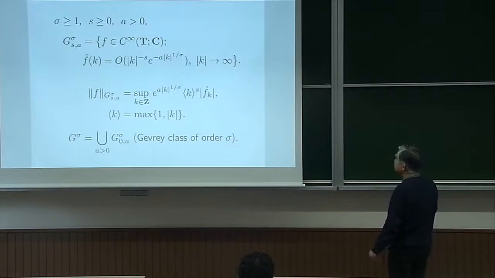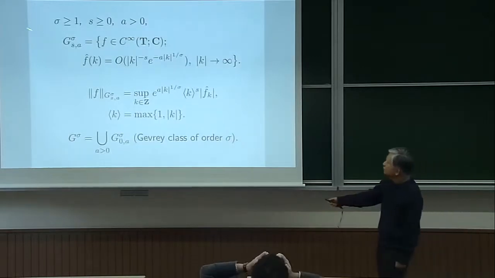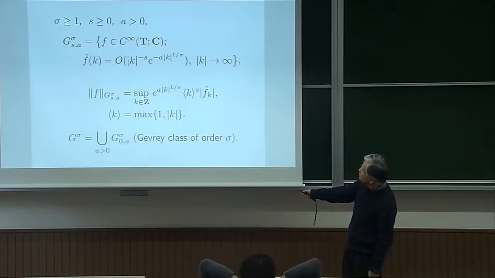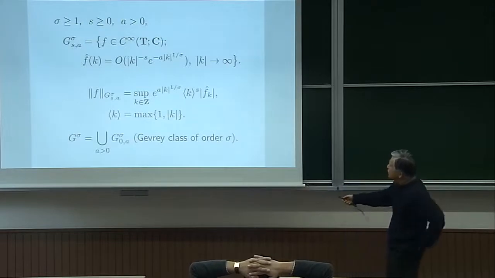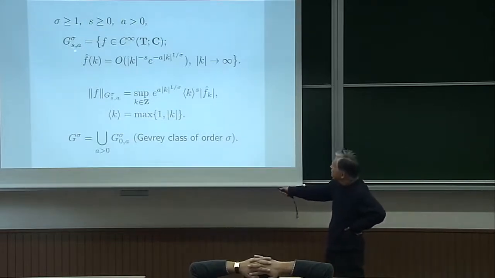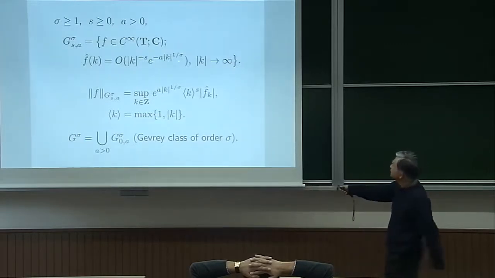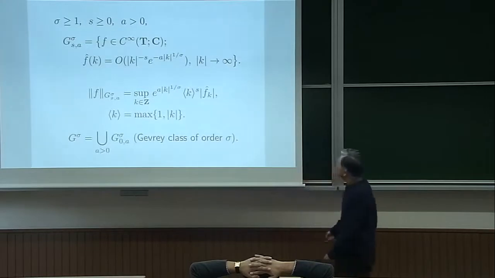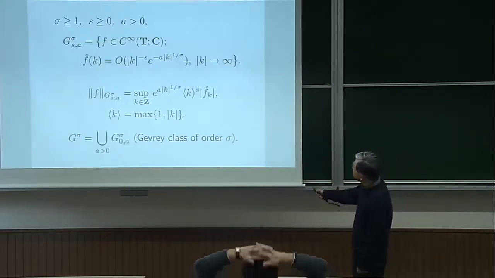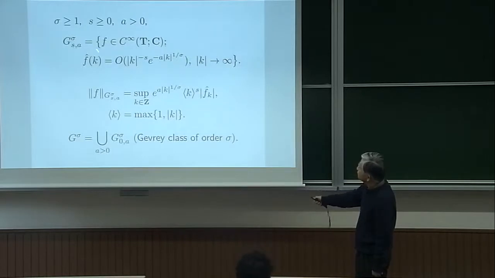Now, let me quickly define the Gevrey class. Let sigma be larger than or equal to 1, s non-negative, and A positive. The space G sigma s A is defined as f in C infinity such that the Fourier coefficient of k decays like modulus of k to the minus s times e to the minus A modulus of k to the 1 over sigma. If sigma equals 1, this space is an analytic function space.